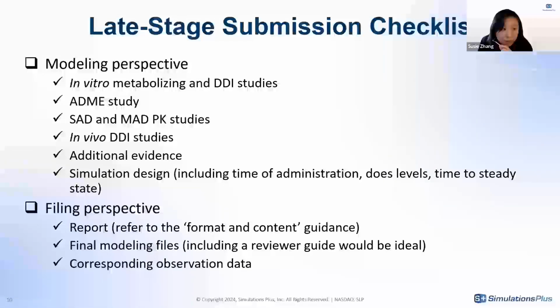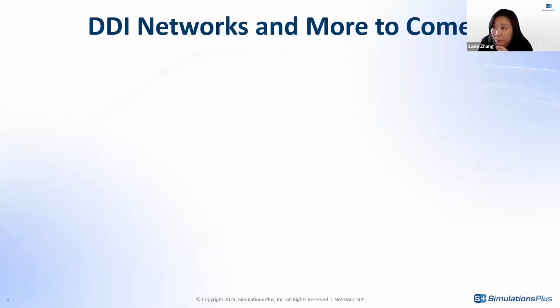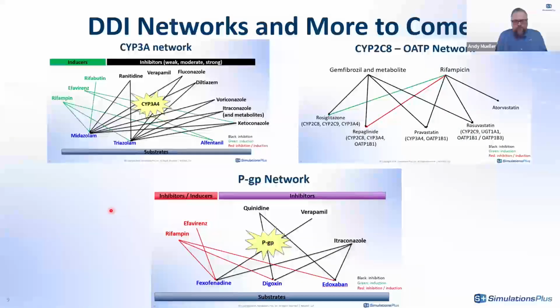So this leads to this slide where, for the models outside of the investigational drug, which means the perpetrator models, the inducer models, and the substrate models, ideally they were developed in this type of network.